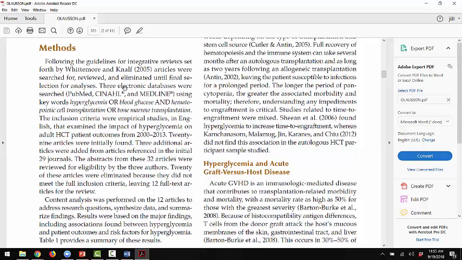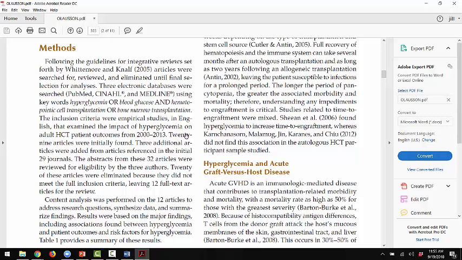I searched 3 electronic databases, PubMed, CINAHL, Medline. The keywords were hypoglycemia, blood glucose, hematopoietic cell transplant, or bone marrow transplant. So my inclusion criteria were empirical studies in English language that looked at hyperglycemia and the adult hematopoietic cell transplant patient. I used the years 2000 to 2013.